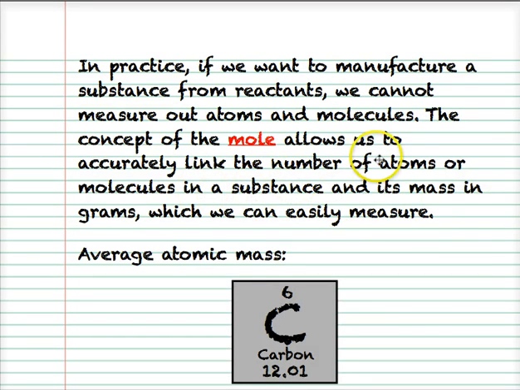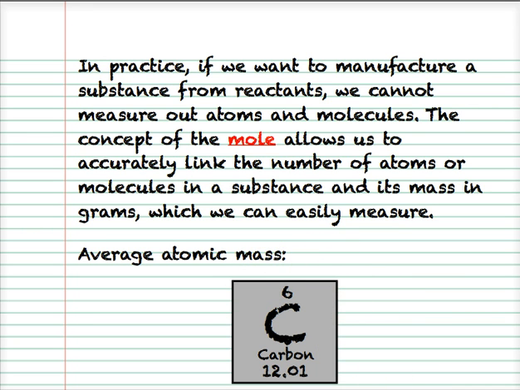The mole allows us to link the number of atoms or molecules in a substance, something we can't count, and the mass of the substance in grams, which we can measure easily. Let's look at the atomic mass, or the average atomic mass. This is listed for all elements on the periodic table, and here's carbon.